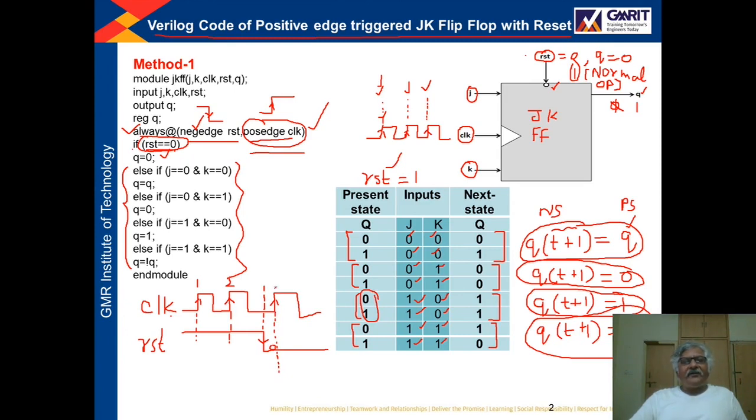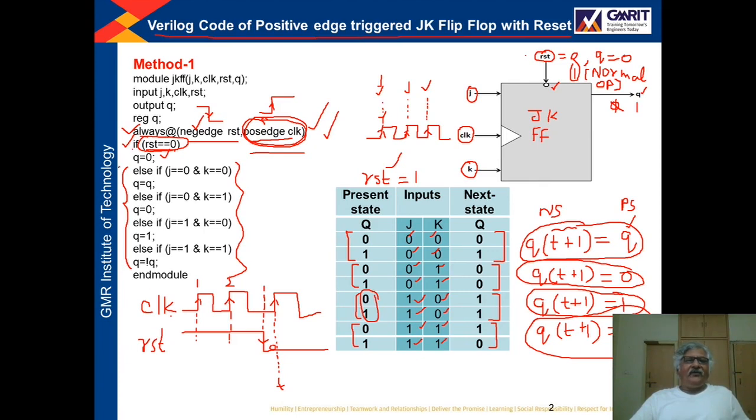Now you see at this particular time, a positive edge is detected on CLK. Due to posedge CLK, the always block is again activated. Now it will execute the statements inside the always block. First it will evaluate if RST is equal to 0. Now you check at this time, the RST value is 0. Yes.